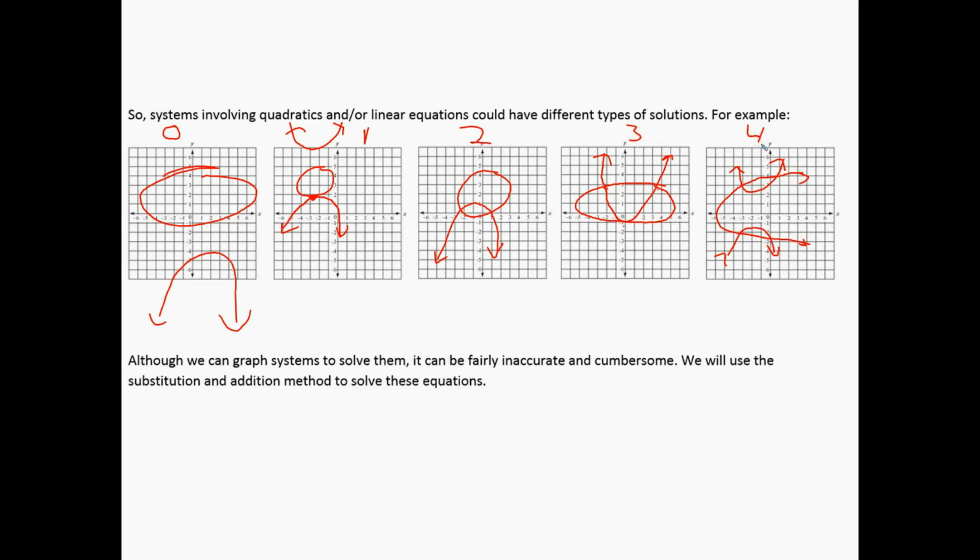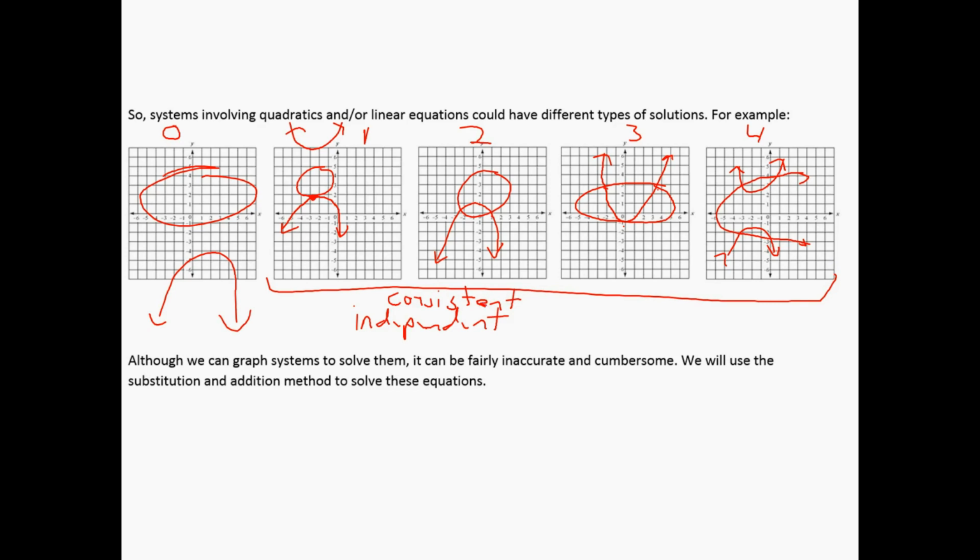So out of our consistent independent type of solutions, you could have 1, 2, 3, or 4 solutions, and obviously you can have 0 solutions, so that would be inconsistent. These right here would be consistent, independent. And although we could graph them, it can be inaccurate and cumbersome.